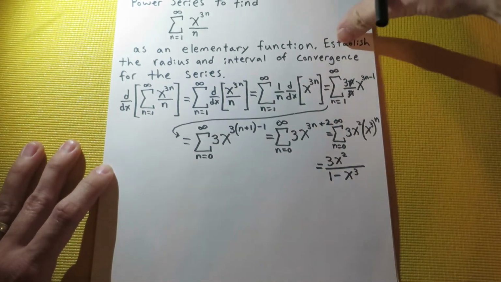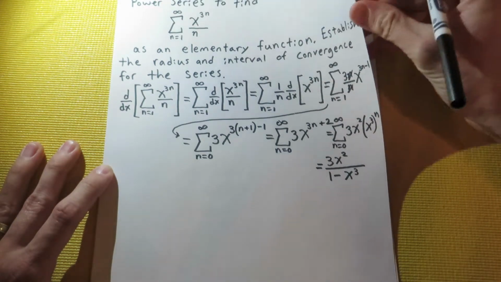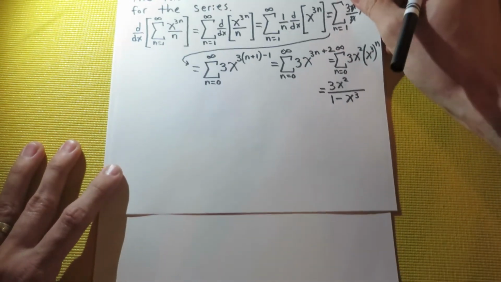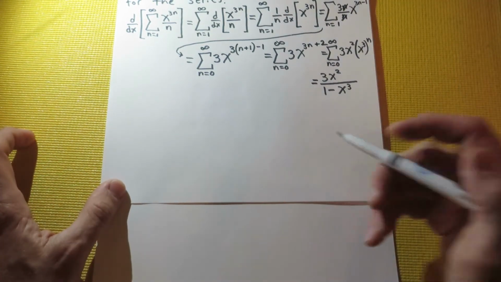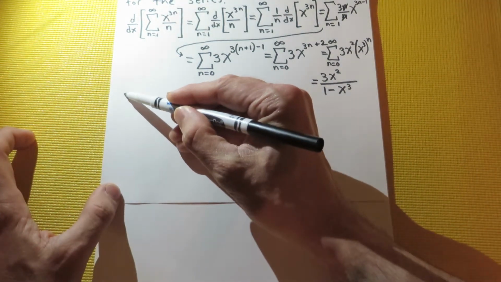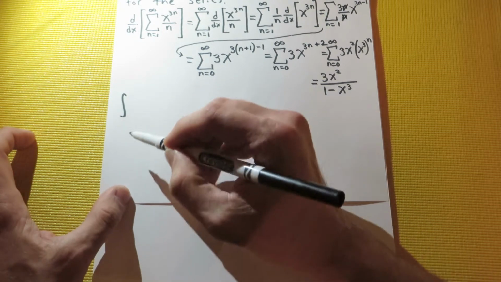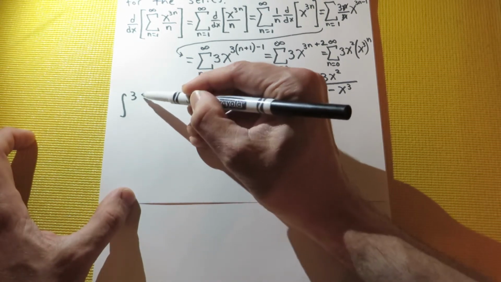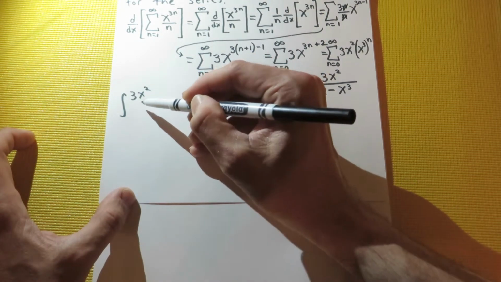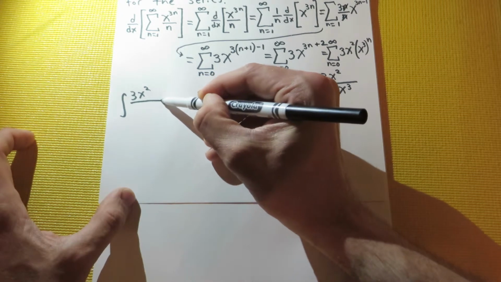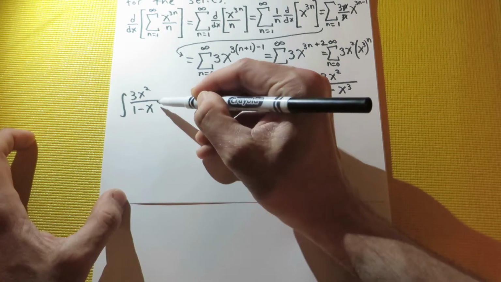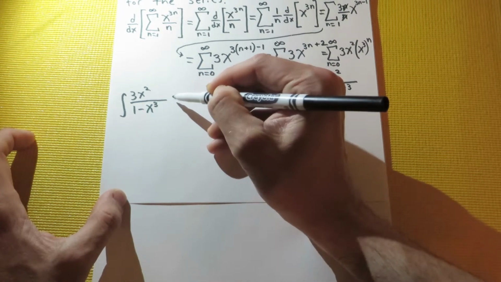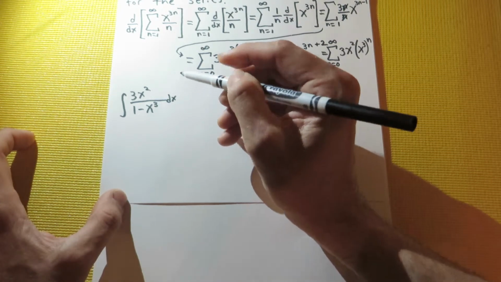So we are going to integrate. This is the next step here. We're going to take the indefinite integral of 3x squared over 1 minus x cubed dx.